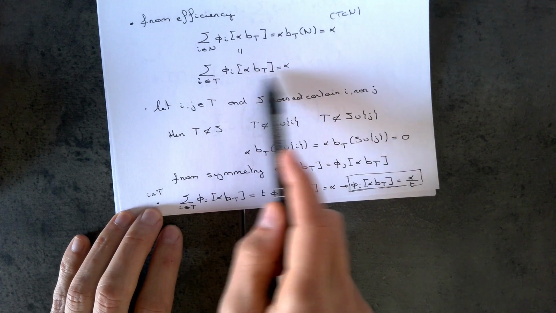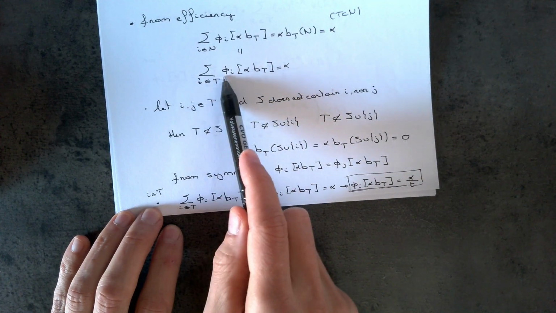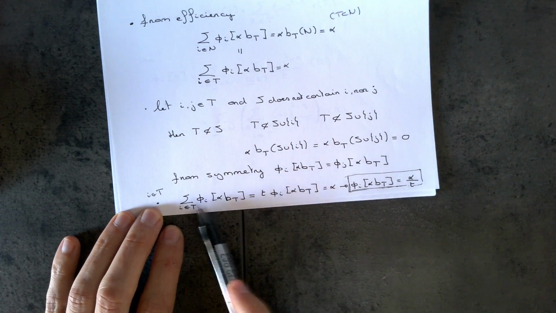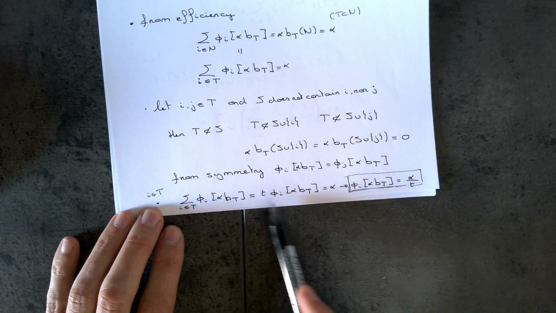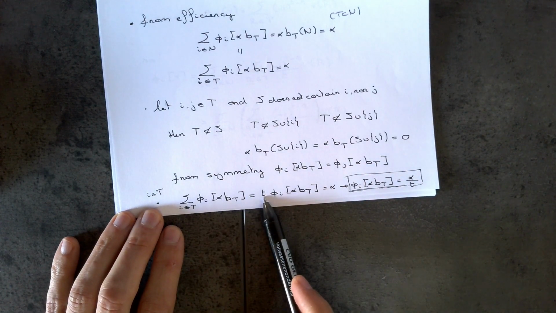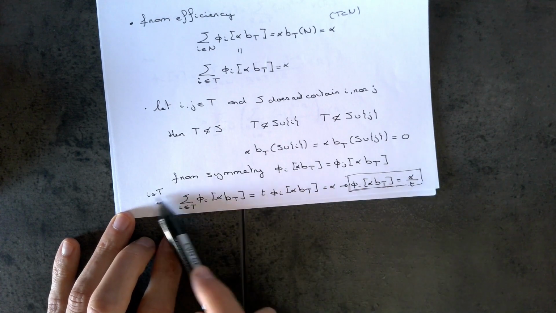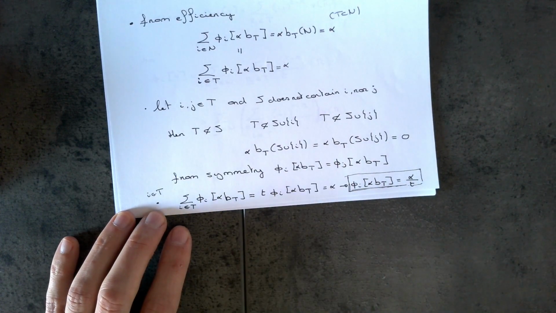So in the end, we have the sum over all I in T of phi I. Now we know that all these players in T should have the same value. So it's t times the same value for some player I in T, where small t is the size of the coalition T. And this should be equal to alpha, which we had here.